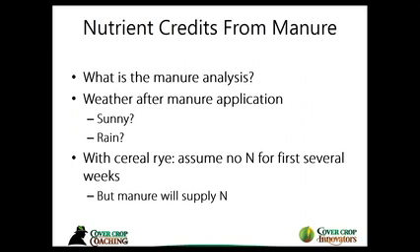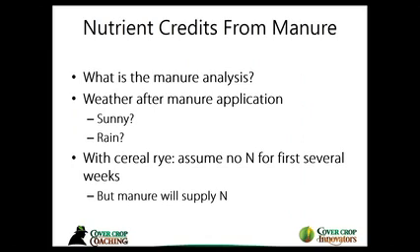The other thing I would still recommend is that with cereal rye, assume that there's no nitrogen there the first several weeks. Now, if it's in a grains or a forage situation, you've cut that off. The soil is essentially at that point, pretty much, you can assume there's no nitrogen there.